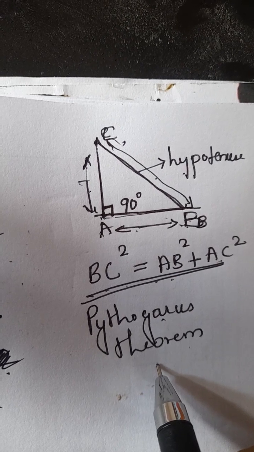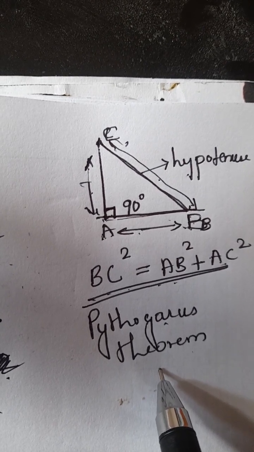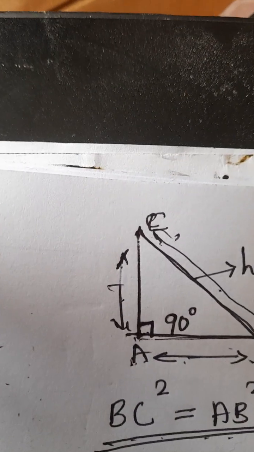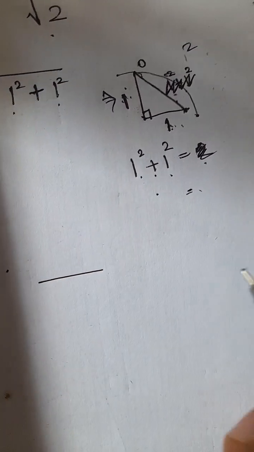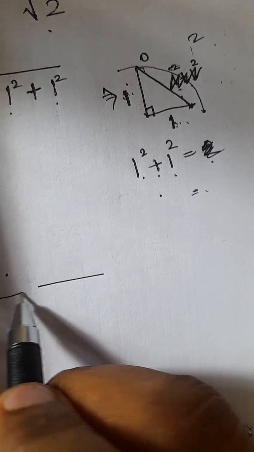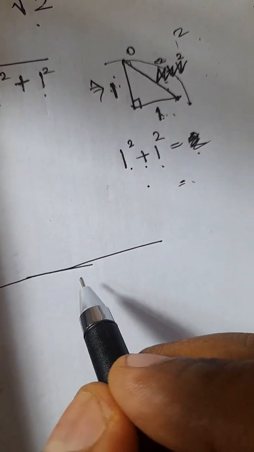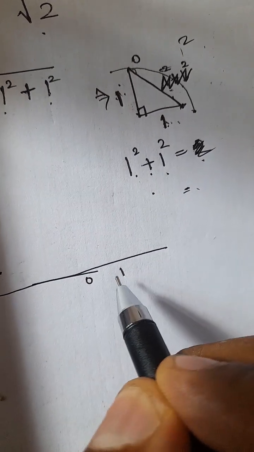So now we need to represent the square root of 2. Let us see how to represent the square root of 2 on a number line. I draw a number line. This is 0, this is 1.